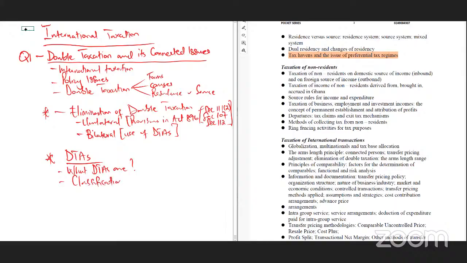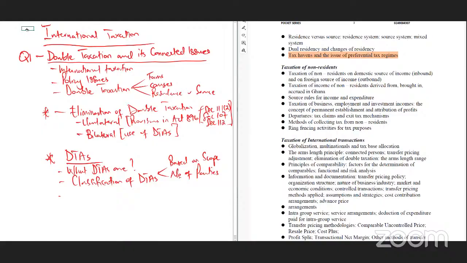Okay, how do we classify DTAs? So DTAs can exist in two main ways, either based on scope, like what it should cover, or based on the number of parties to the treaties, right? So this is how I classify DTAs, or in the world, this is how DTAs are also looked at, right?